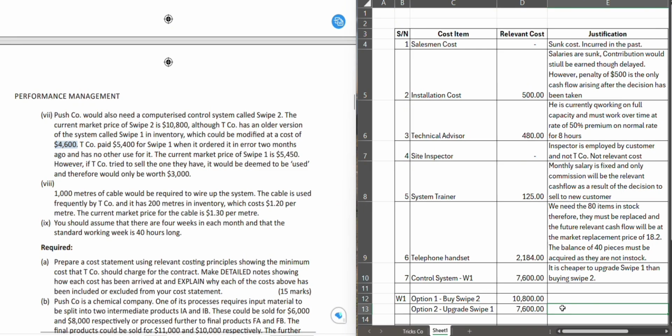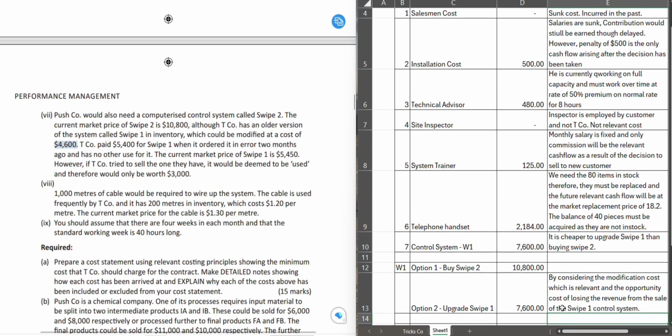We are at 7,600 by considering a modification cost, which is relevant, and the opportunity cost of losing the revenue from the sale of the swipe 1 control system. That's it.